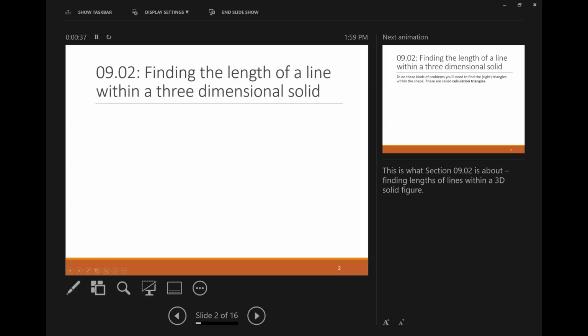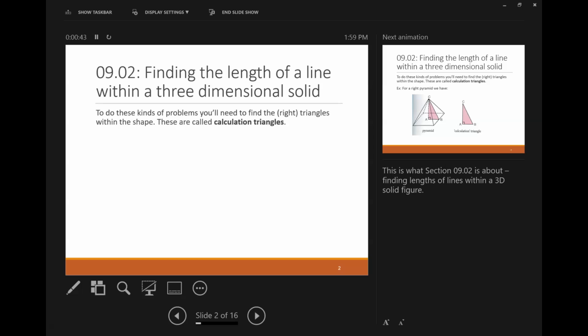And the idea here, whenever we're looking to find a length inside of a three-dimensional figure, is to build what's called a calculation triangle, which is a triangle inside of our three-dimensional figure. Now, what kind of triangle do you think we're going to be shooting to make? Well, a right triangle, really.